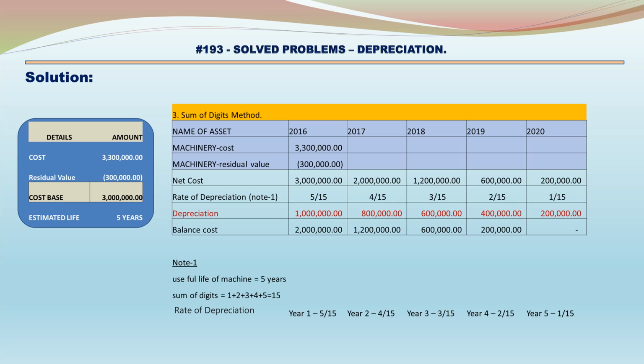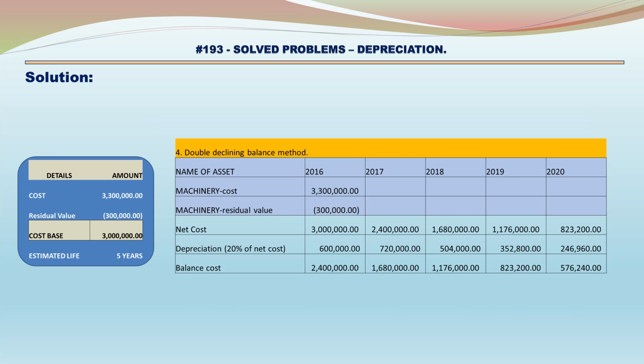Balance cost 600,000. 2019 600,000 is the beginning balance. Rate of depreciation 2 by 15. Depreciation amount is equal to 400,000. Balance cost is equal to 200,000. 2020 opening balance of the machinery cost 200,000. 1 by 15 of 3 million is 200,000. So balance nil.